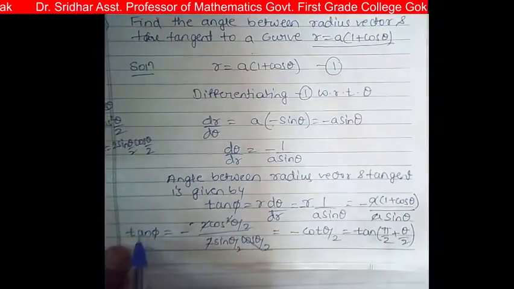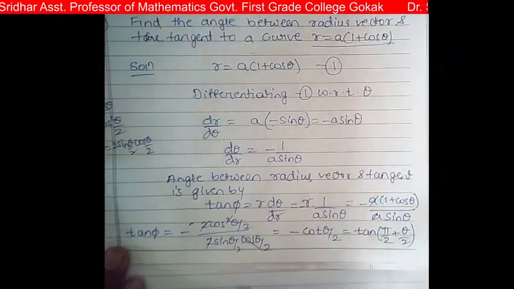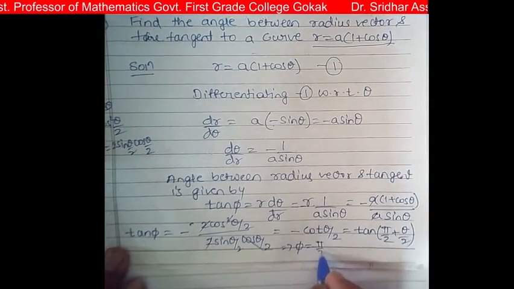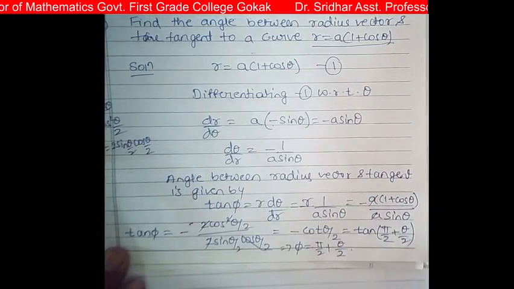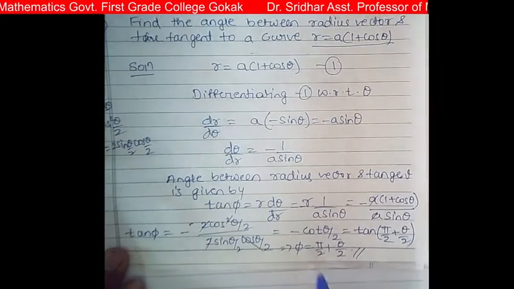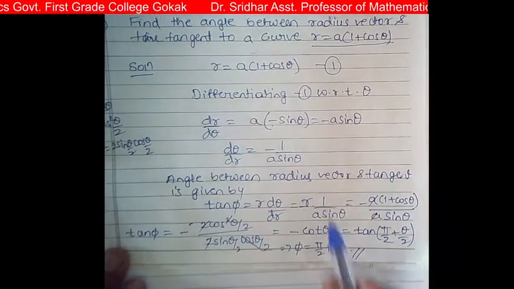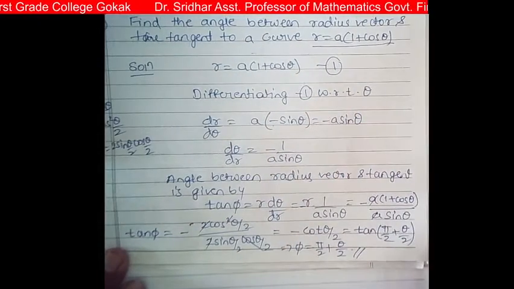Now from this equation, tan phi is equal to tan of pi by 2 plus theta by 2. Both sides tan gets cancelled, which implies phi is equal to pi by 2 plus theta by 2. So this is the angle between the radius vector and the tangent for the curve r is equal to a into 1 plus cos theta.